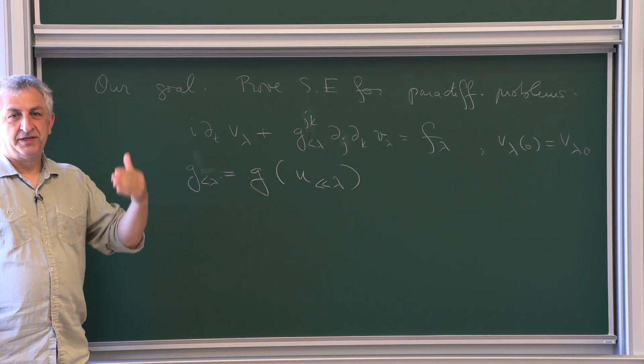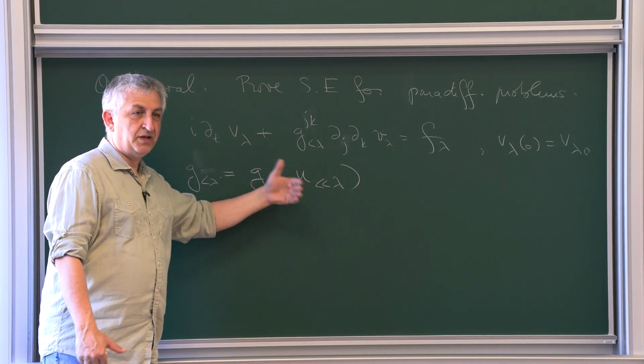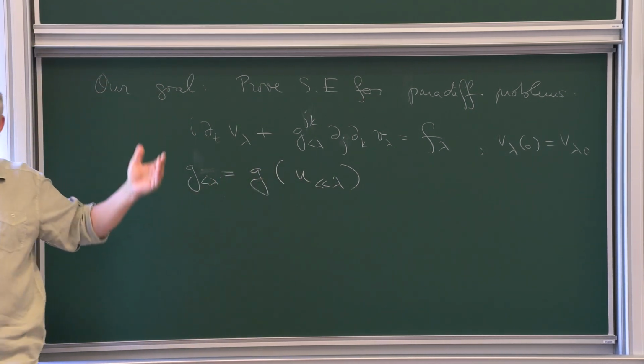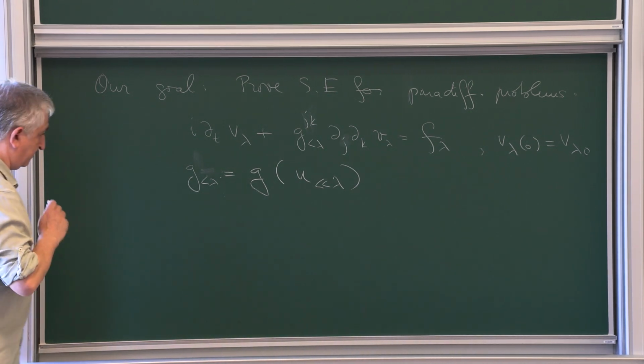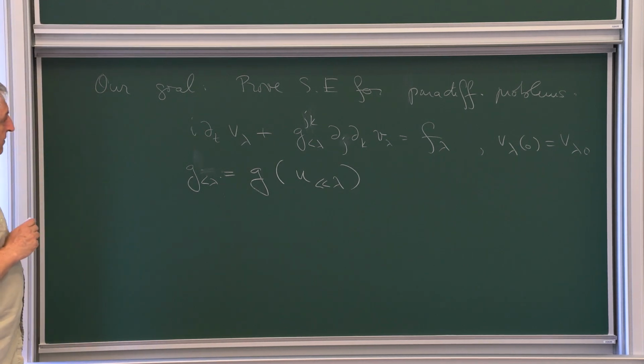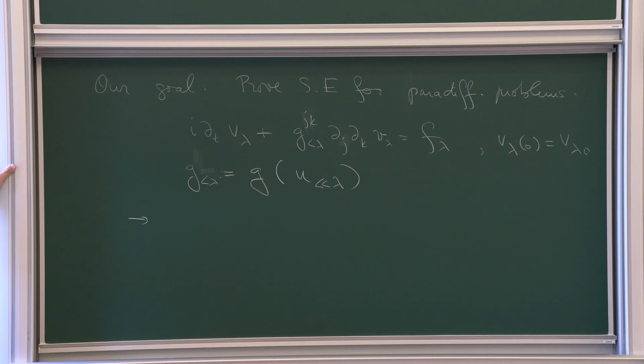And usually to get the best possible results, you have to use the fact that your coefficients solve their own equation. You'll see in a bit where we're taking advantage of this fact.